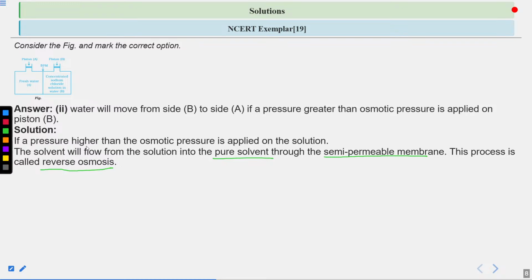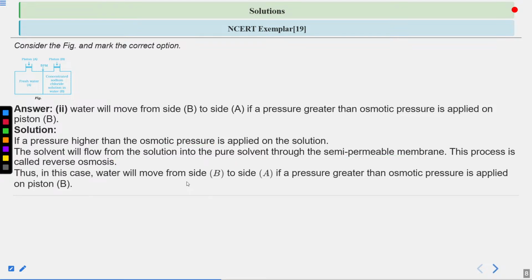So if the pressure is higher than the osmotic pressure, then what will happen? The solvent will flow from the solution into the pure solvent through the semi-permeable membrane, and this is considered as reverse osmosis.